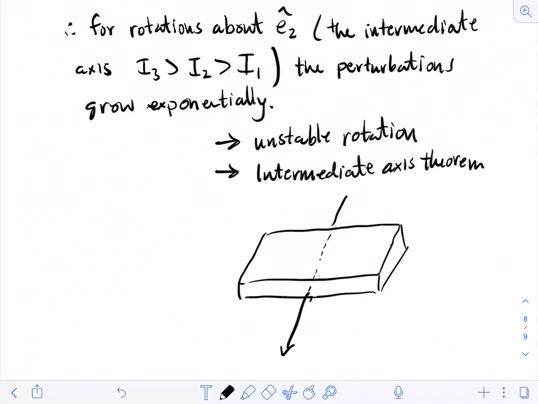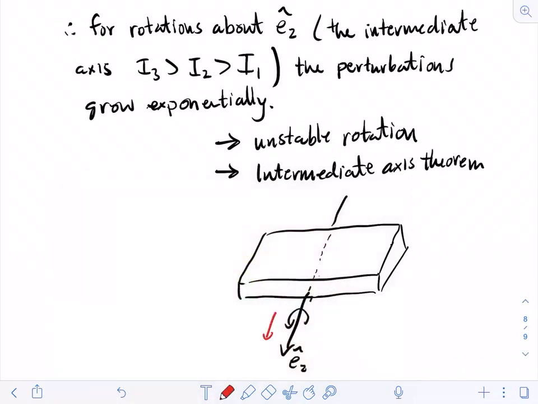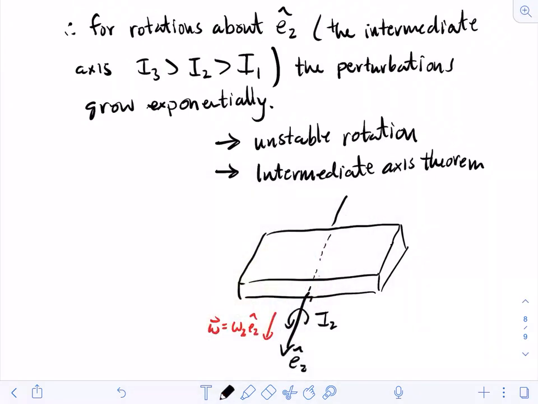So this is, say, the E2 hat direction, rotations about this axis. If you had your omega predominantly in that direction, where this is rotational inertia I2 that's between I1 and I3, this would be unstable.